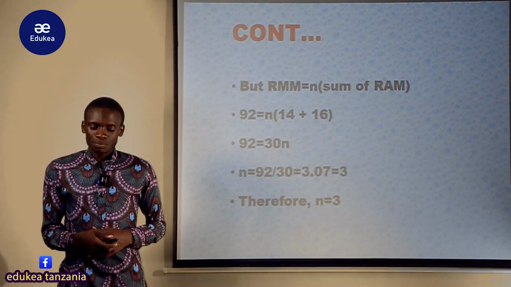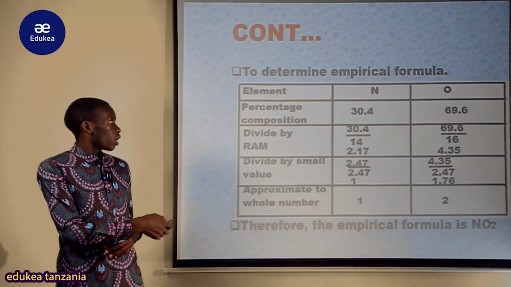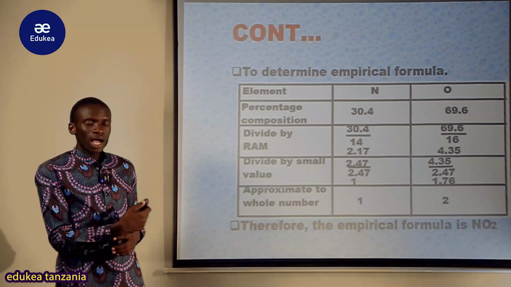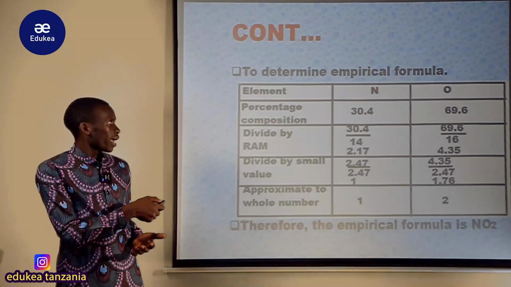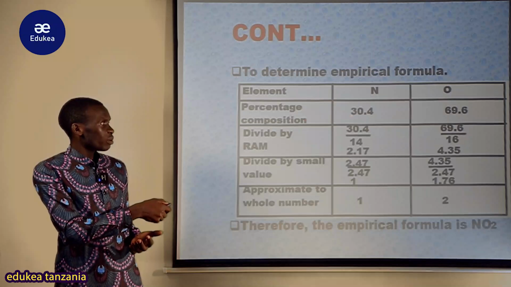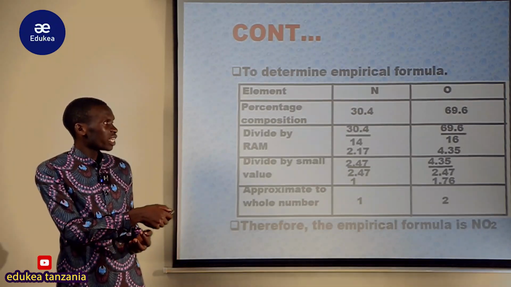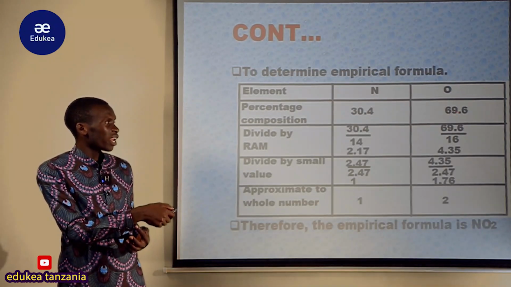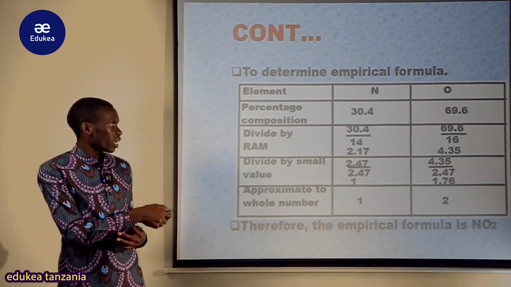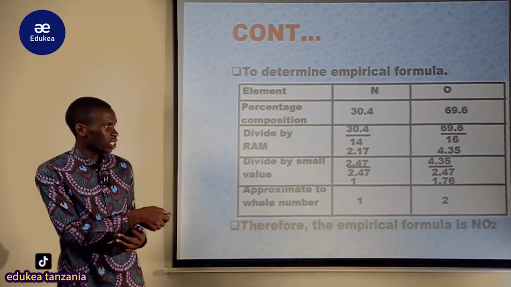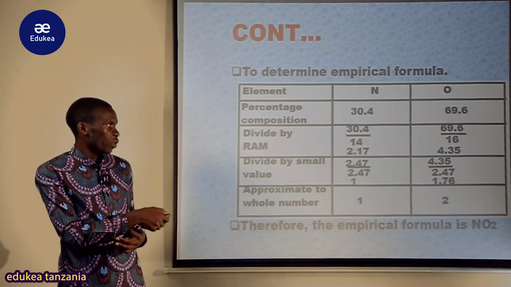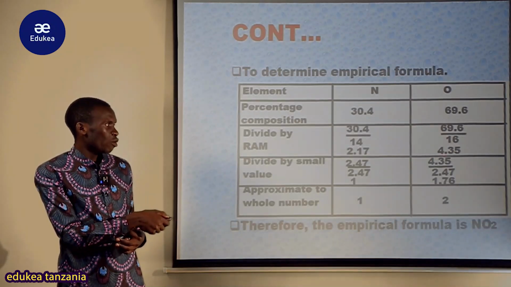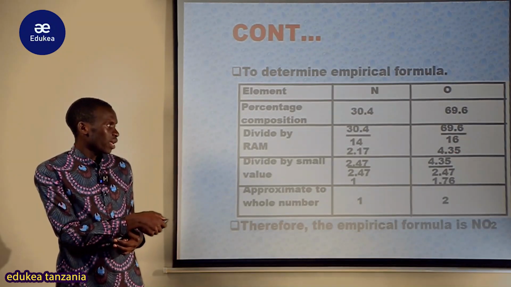After getting n, find the empirical formula as usual. Use your table. Write the percent composition, which is 30.4 for nitrogen and 69.6 for oxygen. Then divide by relative atomic mass: divide by 14, divide by 16. You get 2.17 and here 4.35.